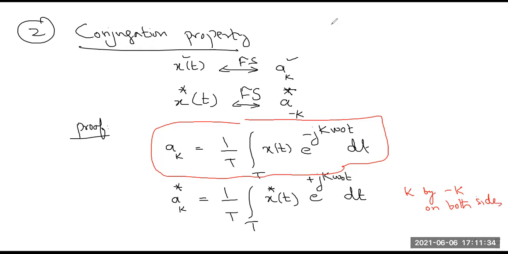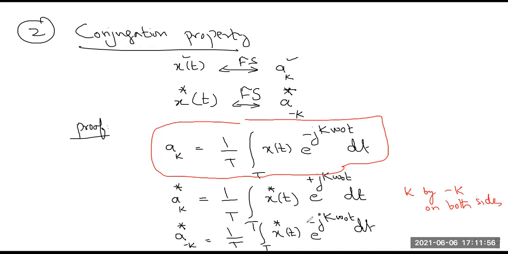So on the left hand side, it will become a conjugate minus k, and on the right, 1 over T, integration over T, x conjugate t, e power minus jk omega naught t.